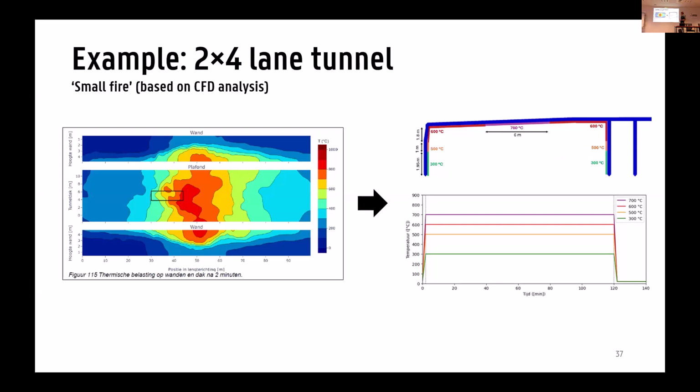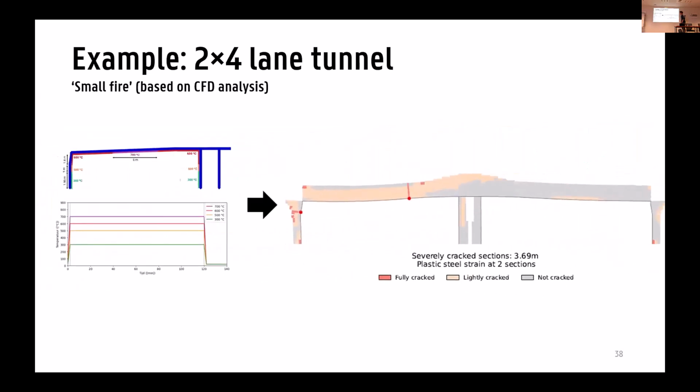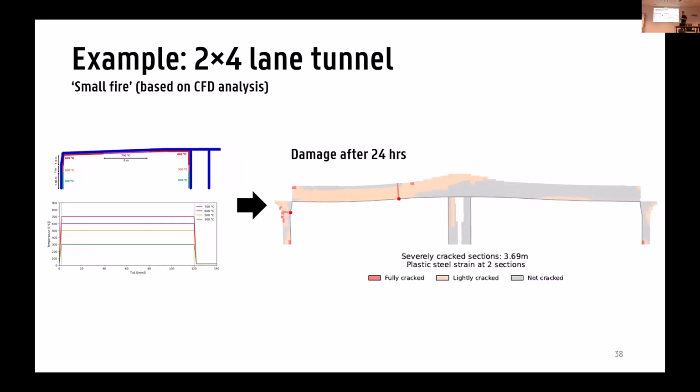You see that the temperatures in this case are much lower than an RWS curve fire. We have a maximum of 700 degrees, and it's only in the central part of the roof slab. But if we run the analysis, we see that after this 2-hour fire scenario, we still get quite high damage. So even in a small fire, in the case of this tunnel, we get plastic hinges and some severe cracking.